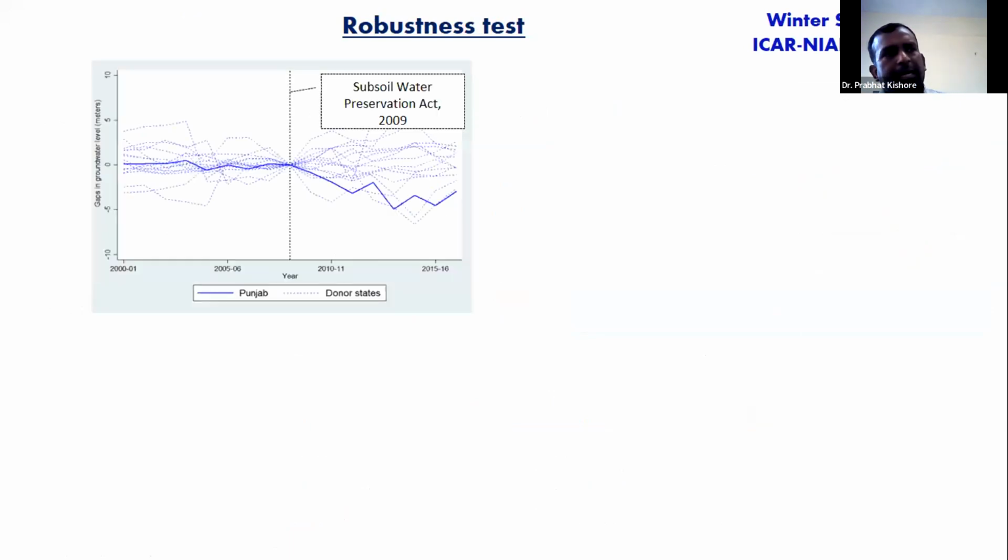Under the robustness test, what we did was give treatment to each state in the same year, considering that these states have received the treatment, and then estimate the impact, expecting that a state which has not got the treatment should not have an effect larger than the state which has, that is Punjab.